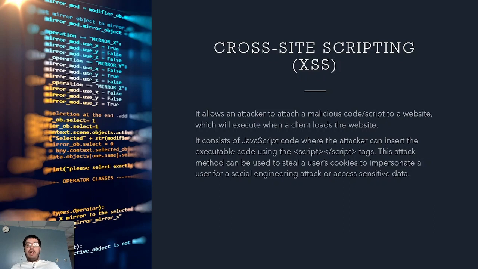It contains JavaScript code where the attacker can insert the executable code using script tags, as it allows the attack method to be used to steal a user's cookies, to impersonate a user for social engineering attacks, or to access sensitive data. An attacker can also use HTML, PHP, or JavaScript to perform this attack method.